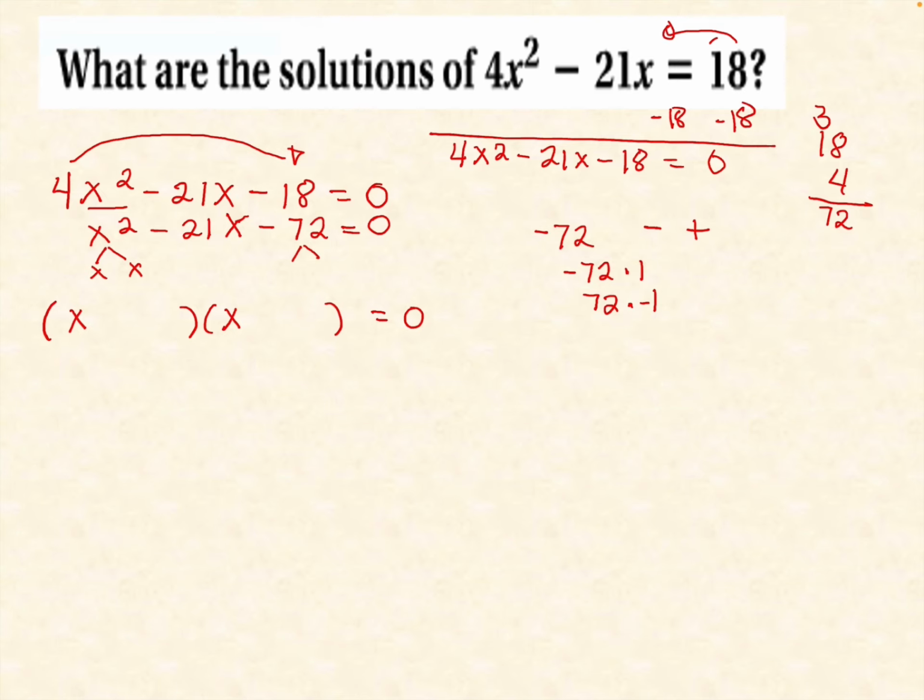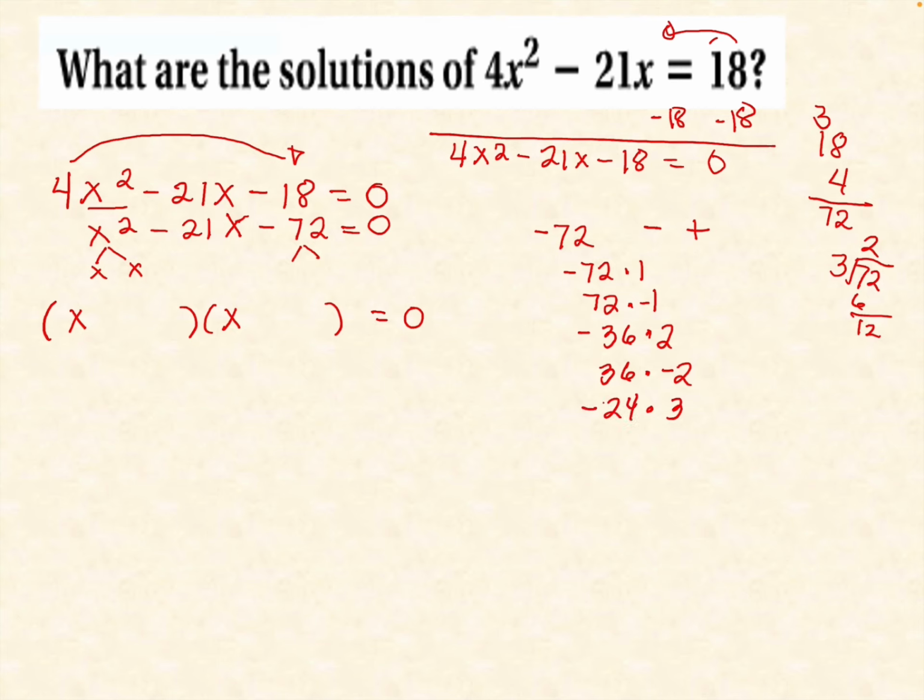Negative 72 can be negative 36 times 2, or it can be 36 times negative 2. Can we have 3? What is 72 divided by 3? 3 times 6 is 18, 12, 24.